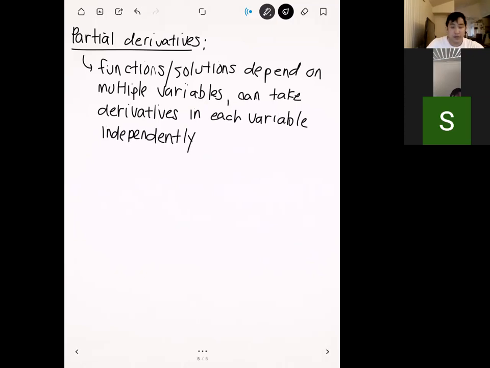Let's say that we have a function that's a function of x, y, and z. We can take the partial derivative with respect to x. So we say partial f, partial x.